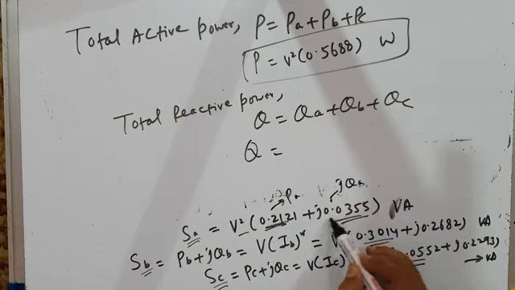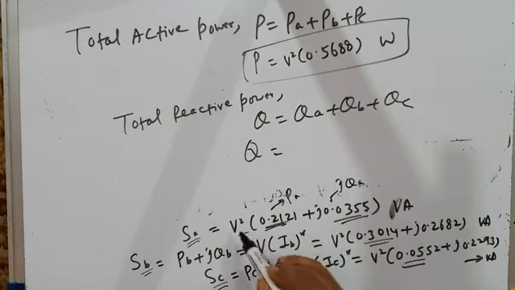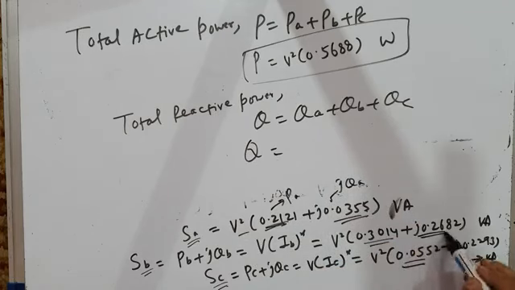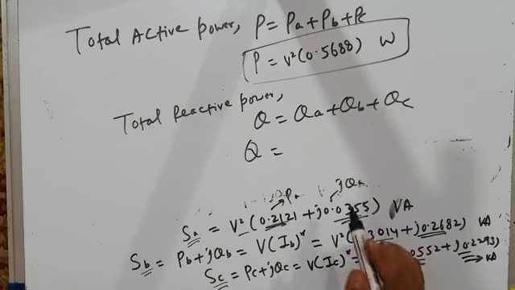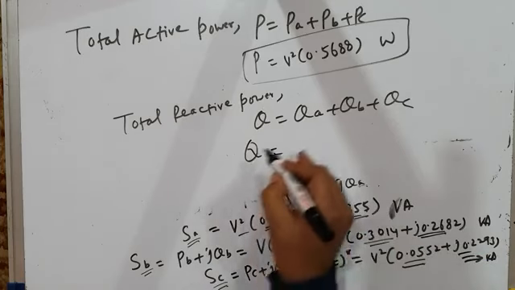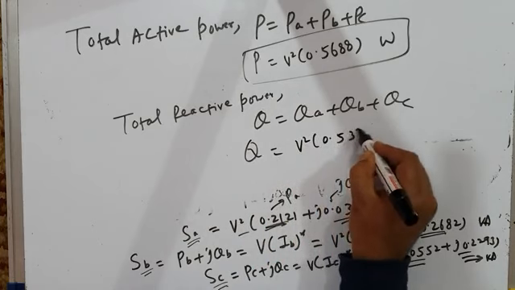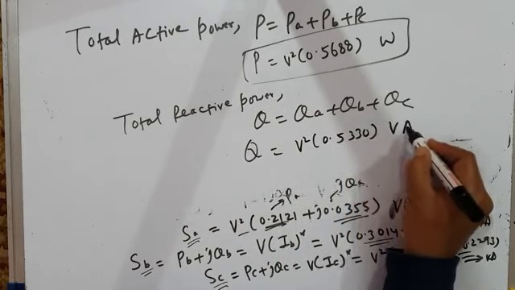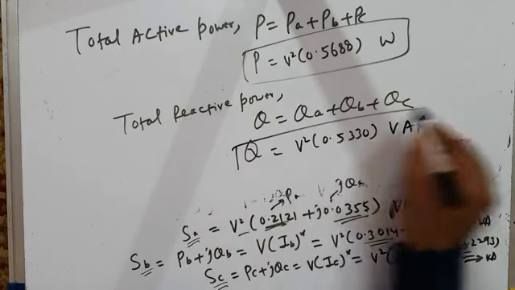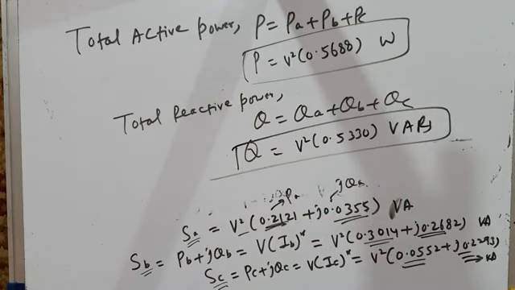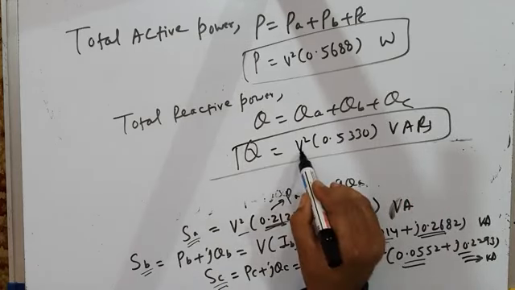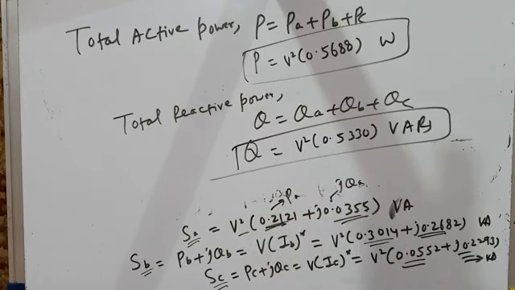So this is QA, 0.0355 into V square. This is QB and this is QC. You add them up, and you get the total reactive power as V square into 0.5330 VAR. If V is 230 volts, it will be 230 square into this much reactive power.